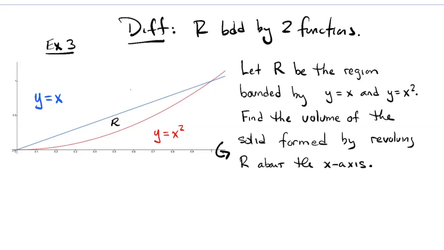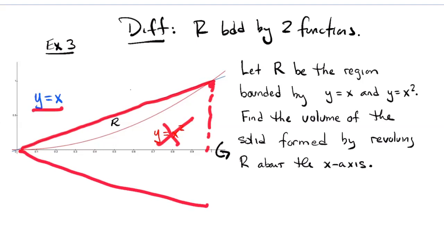It's not quite the same, but imagine if we just ignored the red parabola for a second and rotated the graph y equals x around the x-axis. Can you visualize what it would be? It would make some cone, yeah?